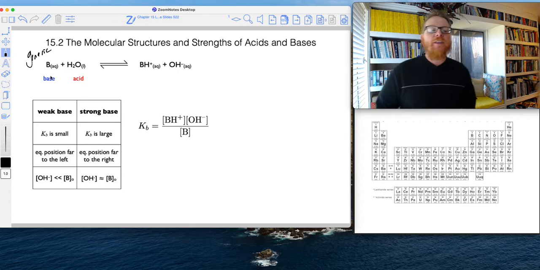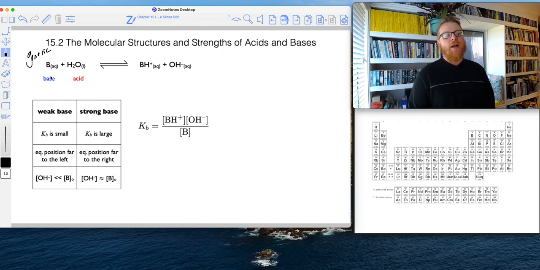But now with this generic weak base equilibria, we have to include water in the balanced reaction, because you can see that's what ends up creating the hydroxide, right? And so you can see what we create is a BH plus.